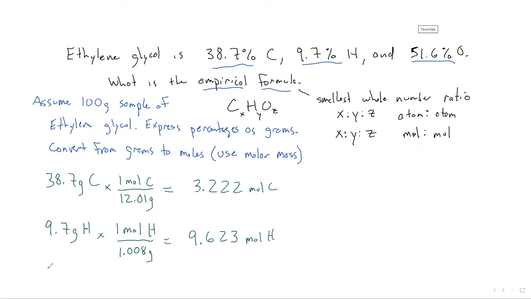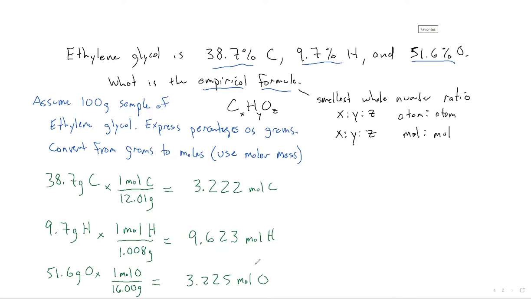Finally, oxygen, 51.6 grams of oxygen. 1 mole of oxygen weighs 16.00 grams. Prove it on a periodic table. 4 sig figs, 51.6 divided by 16 equals 3.225 moles of oxygen.